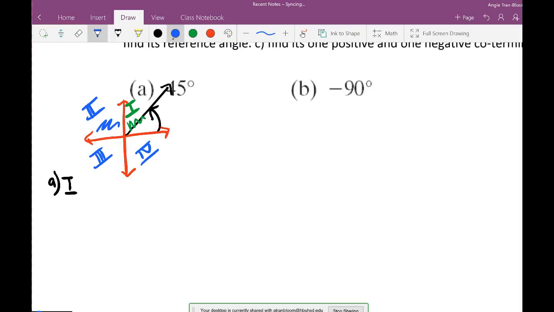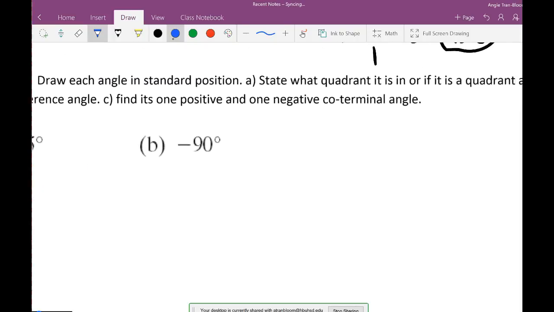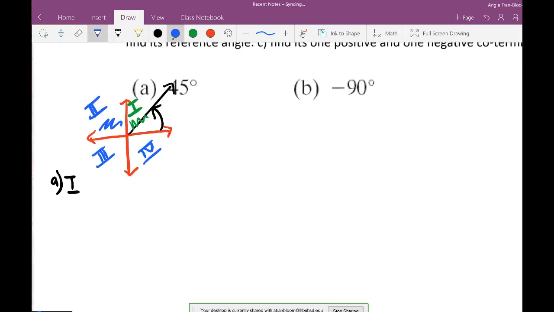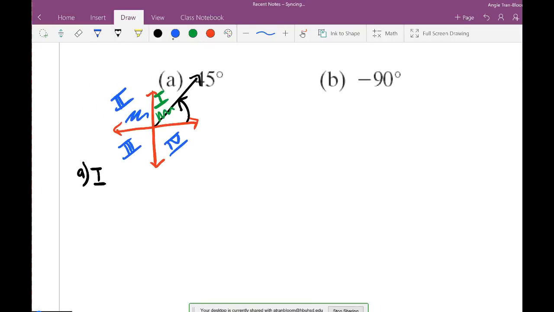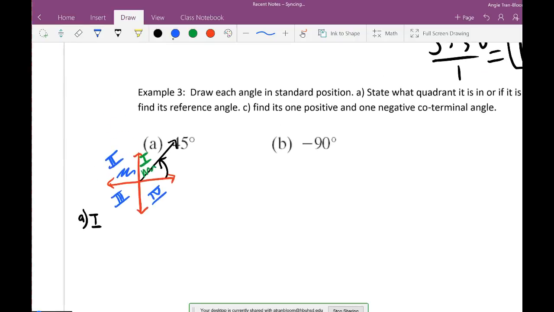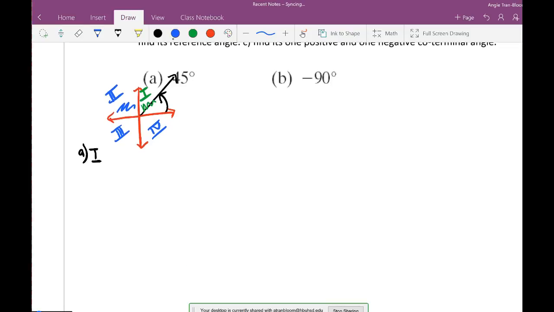Letter B says what? B says find its reference angle, okay? So, where is it? It's not shown on the screen. Can you see it? Oh, there it is. Okay. So, B, reference angle.